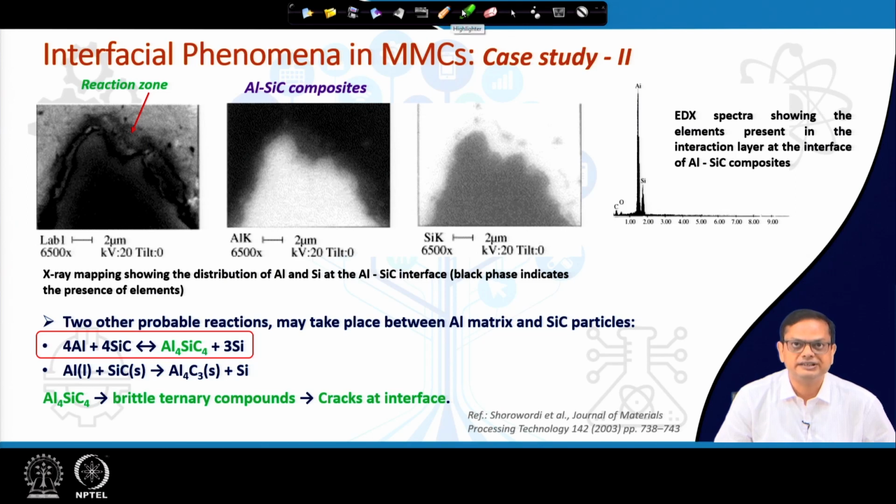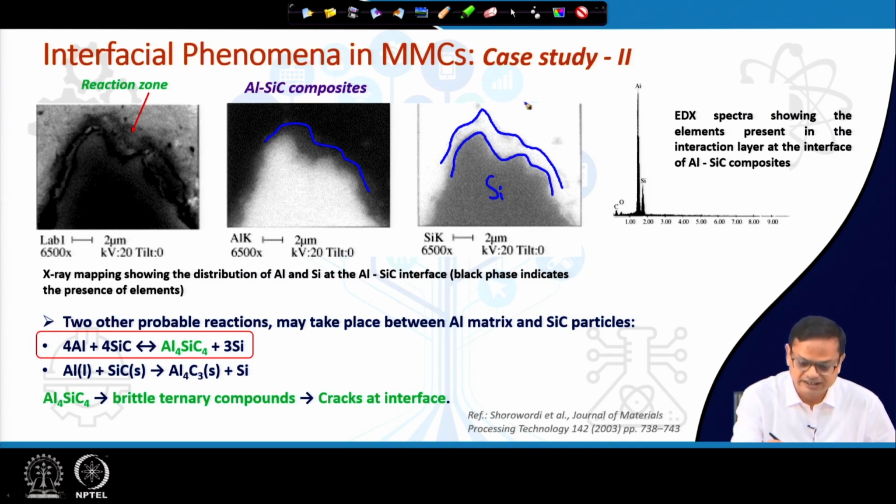What I am trying to say is, basically I am talking about this particular layer, as you can see here. Here also, I do not know if it is clear or not, but you can see there is a layer like this. On this side is silicon, so Si is coming from there.